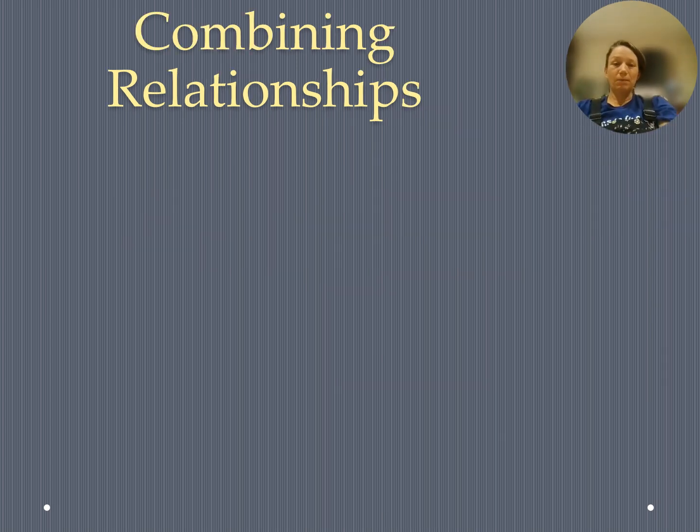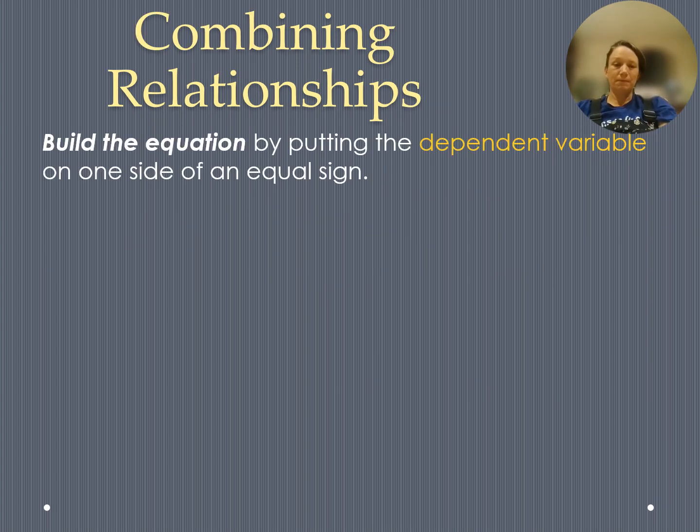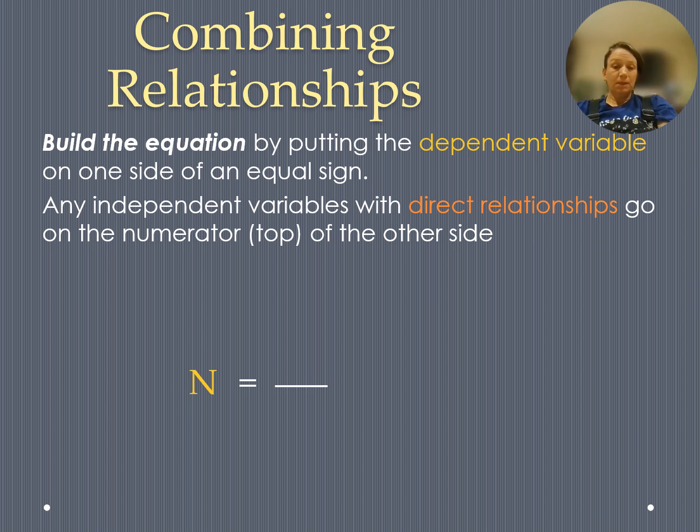Now for the fun part, combining the relationships into an equation. You're going to build your new equation by putting the dependent variable on one side of an equal sign. And on the other side, you're going to put your independent variables. Any independent variables that had direct relationships with the dependent variable are going to go on the numerator, or the top of the other side of the fraction.